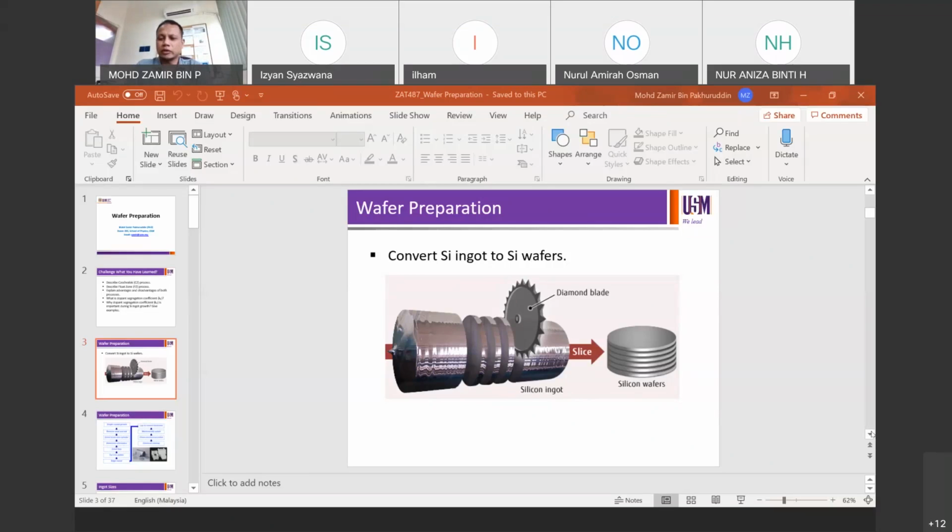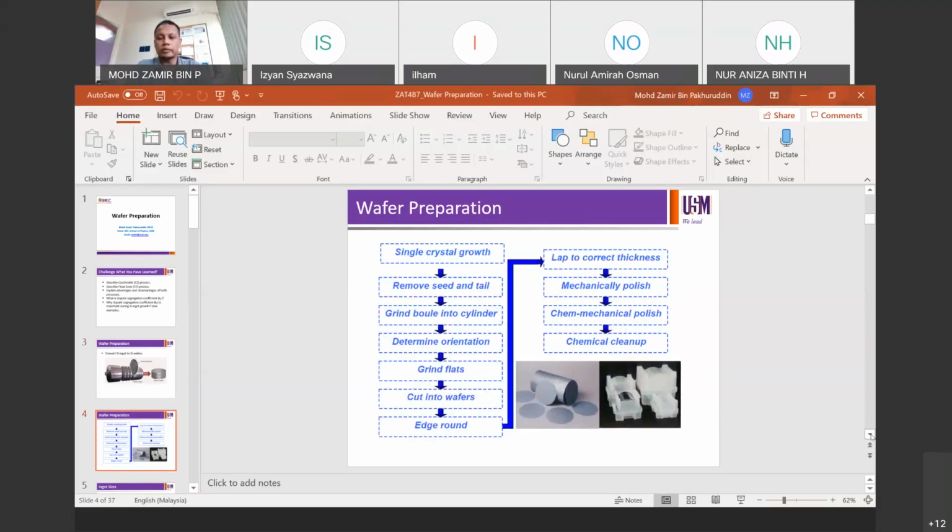There are several concerns around wafer preparation that you have to understand before we actually do the fabrication processes on the wafer. All right, it starts off with silicon crystal growth, which is done by Czochralski or float zone process. Then the moment the silicon ingot is ready, we now have to remove the seed and the tail, which reflect the edges of the ingot. So dekat depan dan kat belakang, or dekat atas dan kat bawah, right?